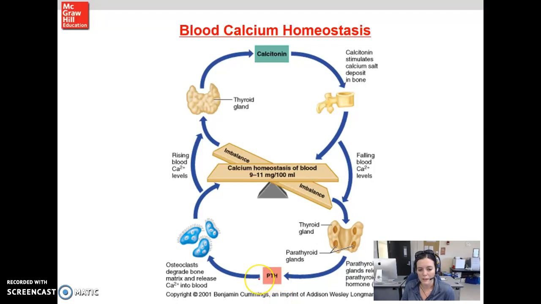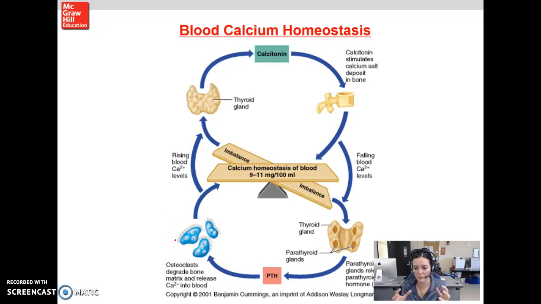Its job is to increase calcium levels in the bloodstream. So it's going to trigger osteoclasts to break down bone. These big osteoclasts, see all these little extensions on them? They're going to sit on the bone surface and secrete chemicals onto the bone surface that are going to dissolve that really hard matrix.